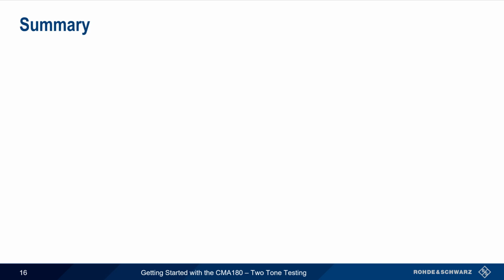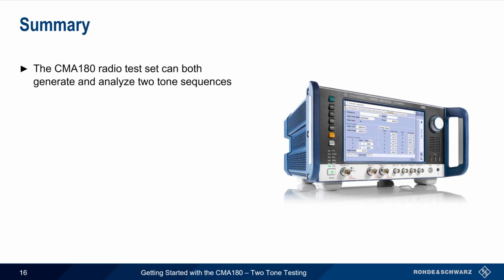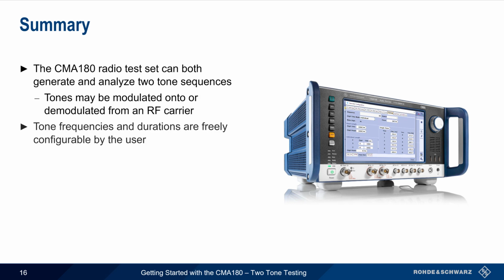Let's end with a brief summary. The Rohde & Schwarz CMA180 radio test set can both generate and analyze the two-tone sequences commonly used in public safety applications. In this presentation, we showed how to do this with tones modulated onto an RF carrier. On the CMA180, the tone frequencies and durations are freely configurable by the user.